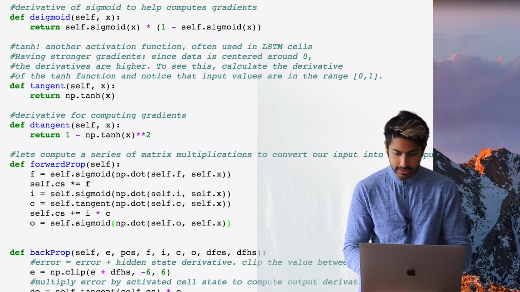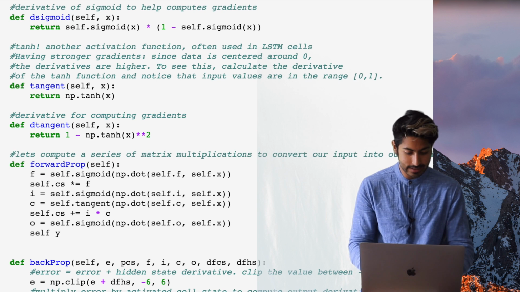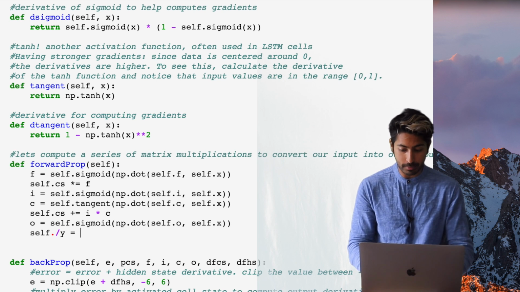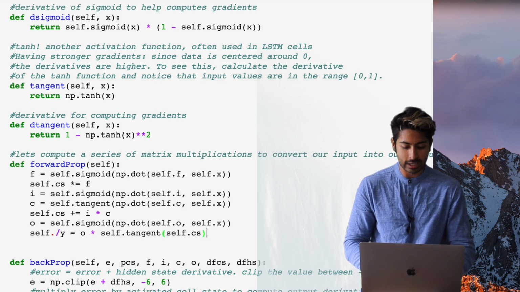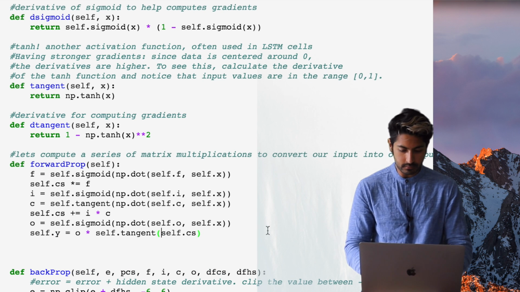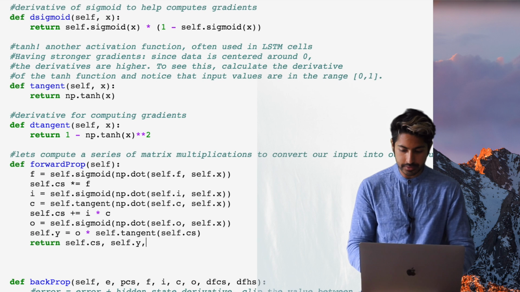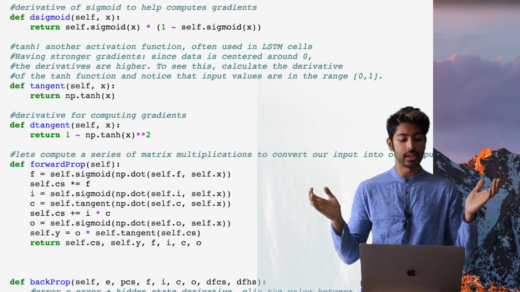That's going to give us our output gate. And to get our actual output, our predicted output, we'll multiply our output gate times the activated version of our cell state. And that's going to give us our predicted output. We can then return our cell state, our predicted output, forget gate, input gate, cell, and then our output gate as well. That's forward propagation.